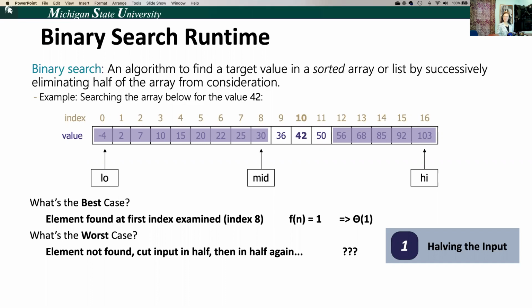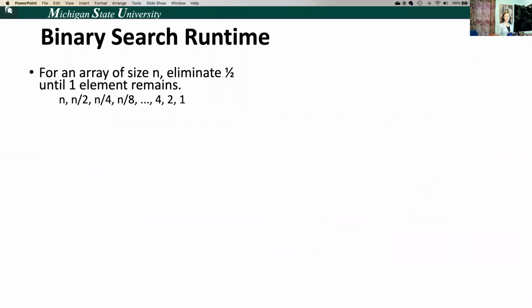For the best case, big omega and big O, we'll agree that they are both constant. So I will have a big theta for it. For the worst case, I have no idea. So I start thinking mathematically. I am given an array, a Python list, and like I said, I use those terms interchangeably. I am given an array of size n.